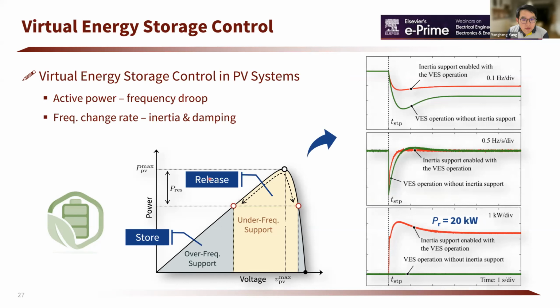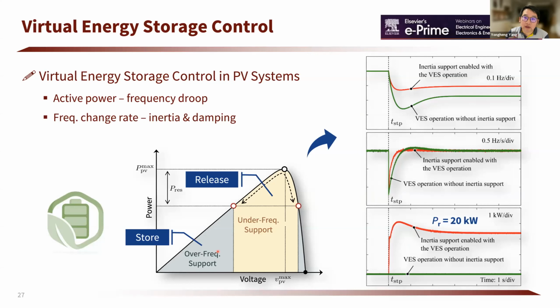The basic concept is we regulate the PV system power to operate at such a line. Then this reserved energy can be released in order to support the frequency. And if there is an over frequency issue, then we can further reduce the power from the PV panels.